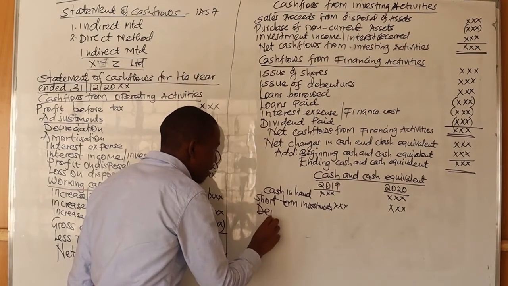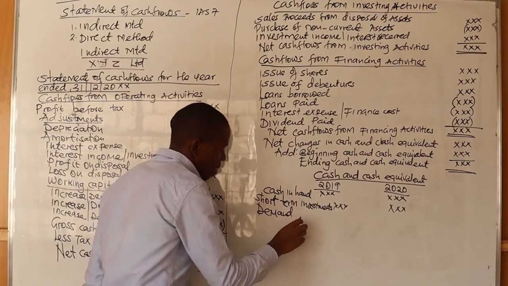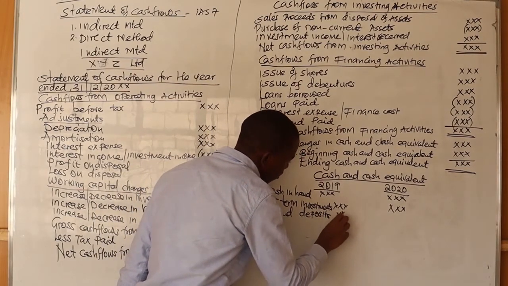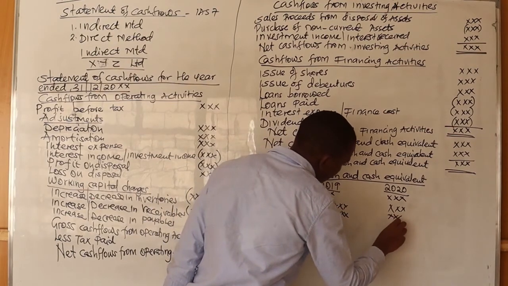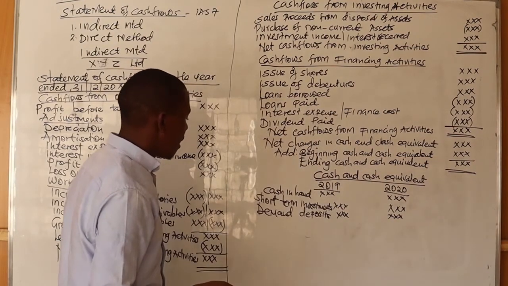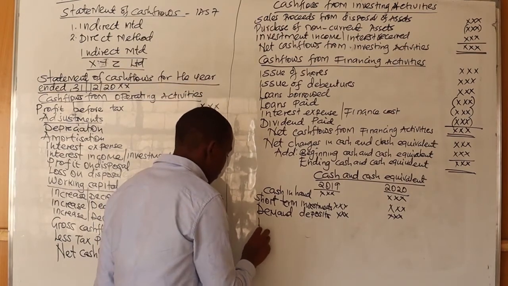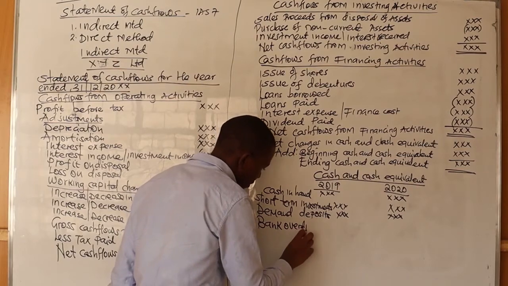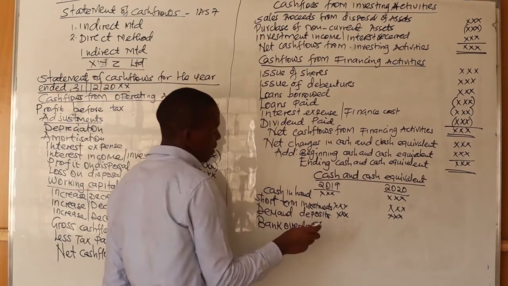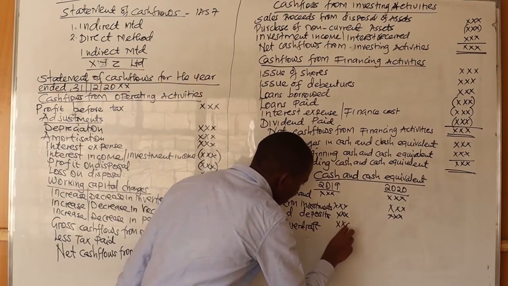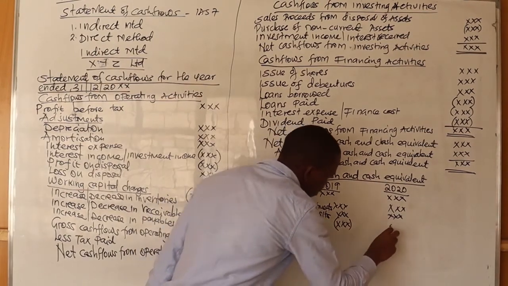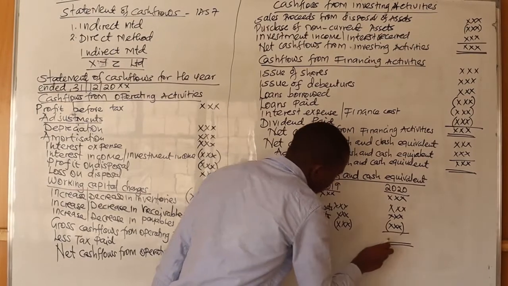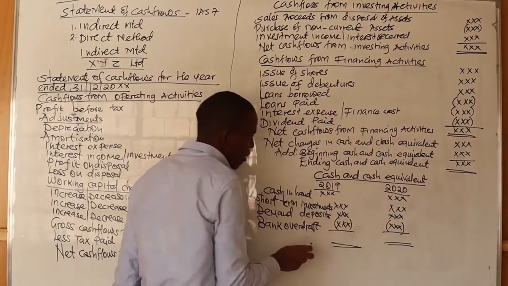We'll also have the demand deposits. We'll also do the same. You add them there. And then at the end, you can also have the bank overdraft, which is a liability, and therefore you less that. So you will be able to get the values there.